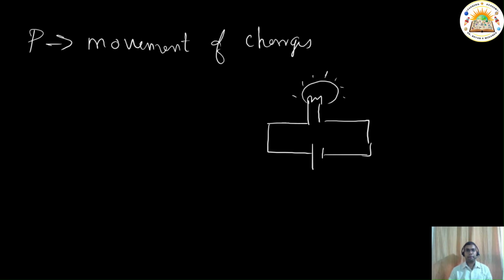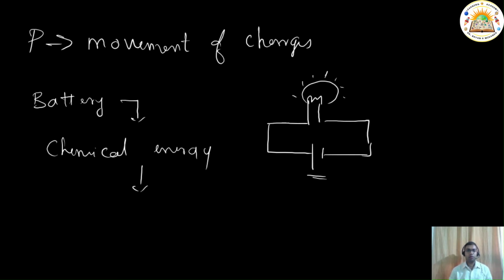Now, in this case, movement of charges is there. But if I have to talk about power of this battery, what is happening here in a battery or a cell? Battery is a collection of multiple cells. We have the chemical energy that is there being converted to electrical energy.